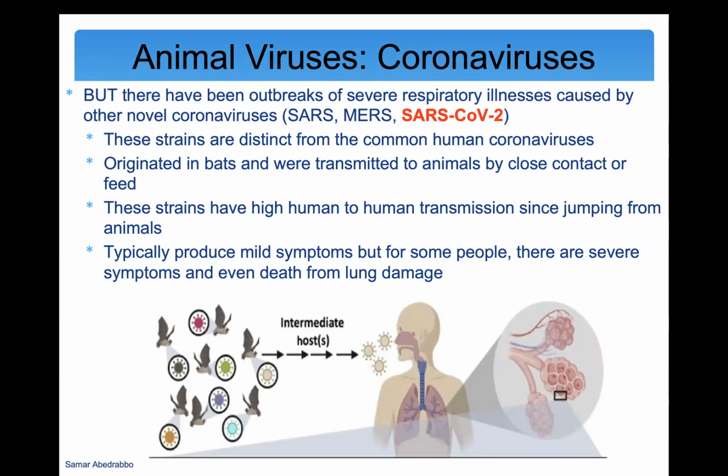So these strains had a very, very high mutation rate to be able to go from animal to human. Usually that's not a very simple thing to do. And it was a new strain for us at the time. That's why it caused a pandemic, because people's immune systems were not used to seeing this. So we had nothing to protect us from it.